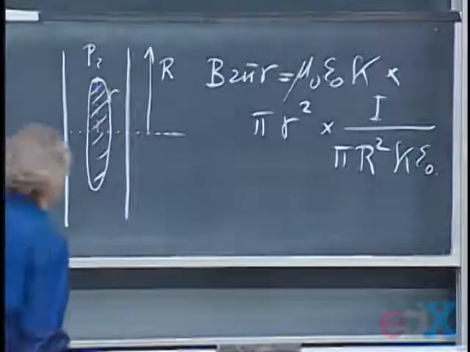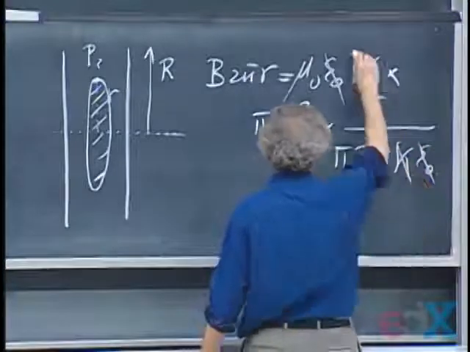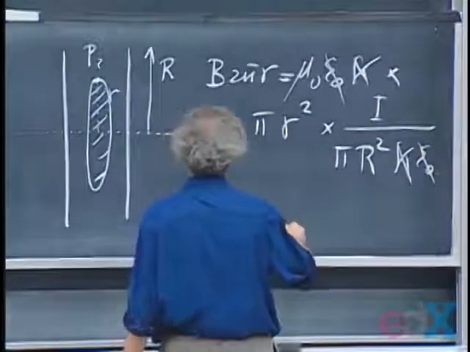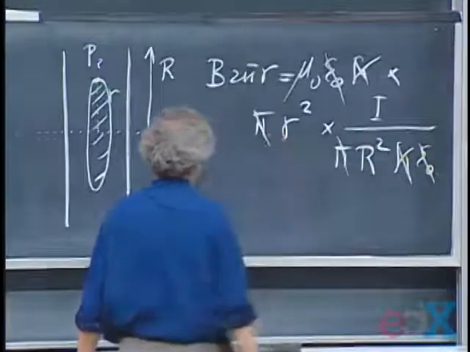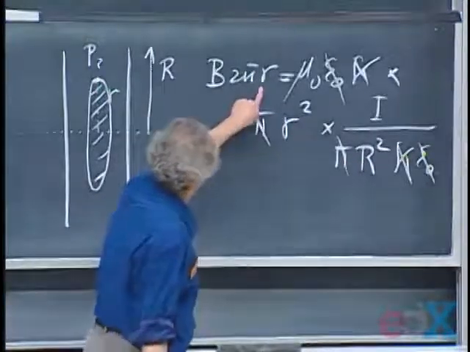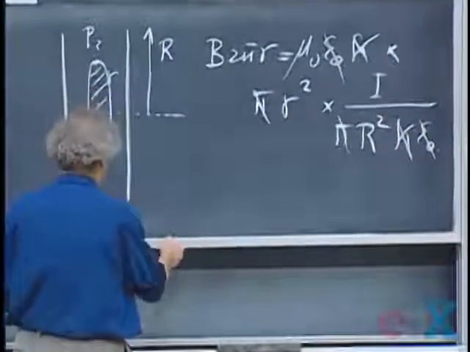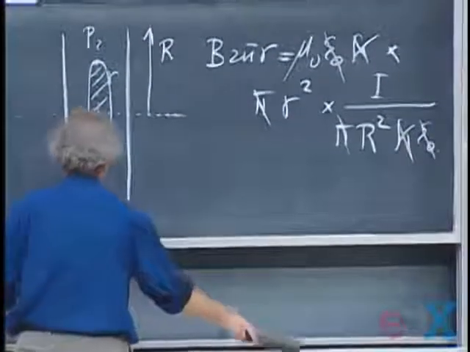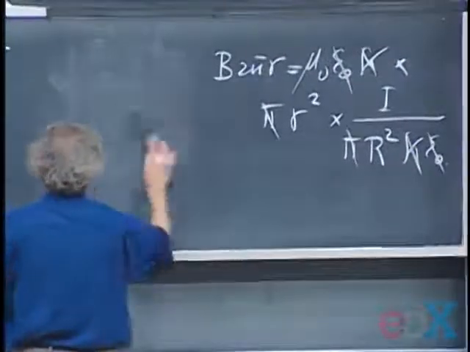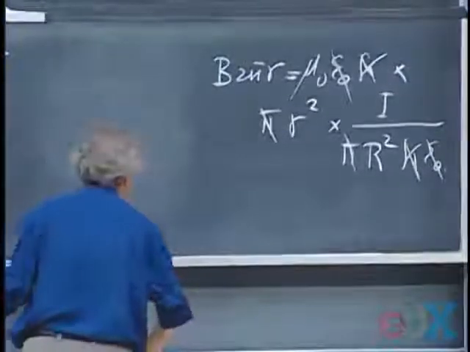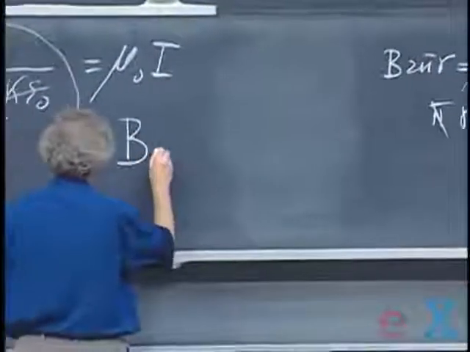And now you're again losing a lot. You lose your epsilon zero, you lose your kappa, I lose a pi. And look, I have a little r here and I have a little r squared there. So now we're going to get a result, which is something that you may actually have anticipated, namely that you get a field inside the capacitor that is growing with r.